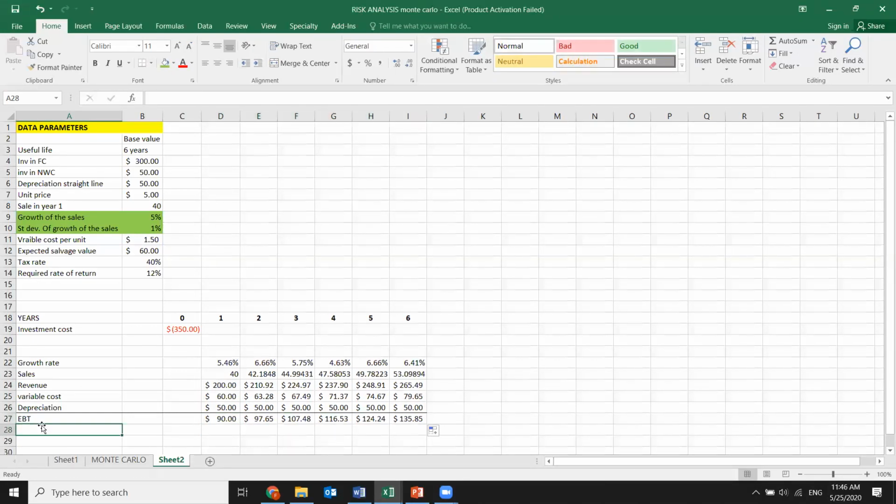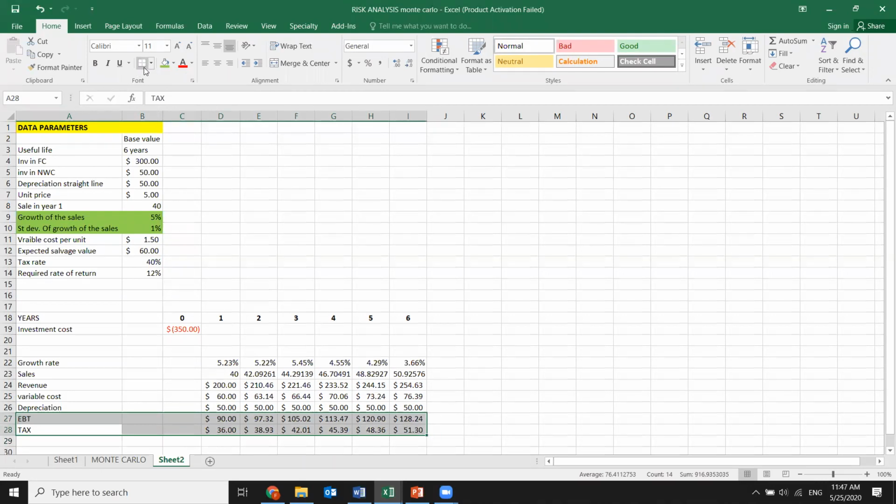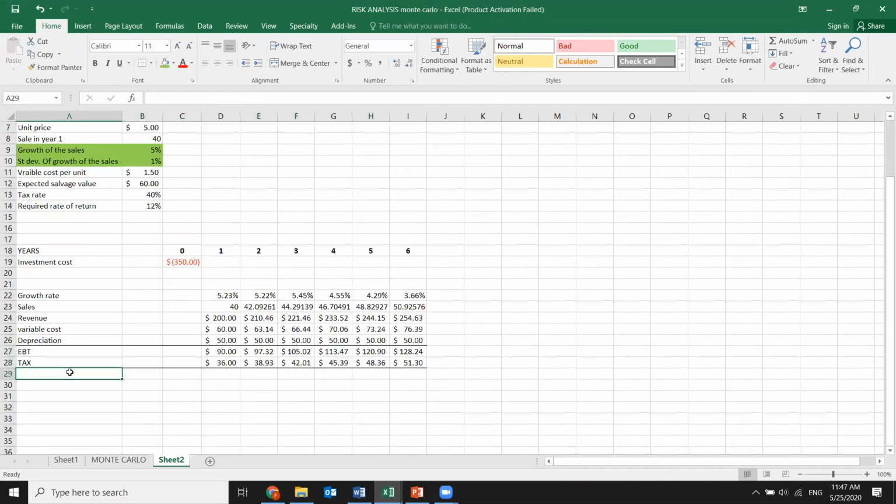Okay, my tax is this times 40%, and this is fixed. Okay, and my net income, or my cash flow after tax, operating cash flow after tax, is $54.